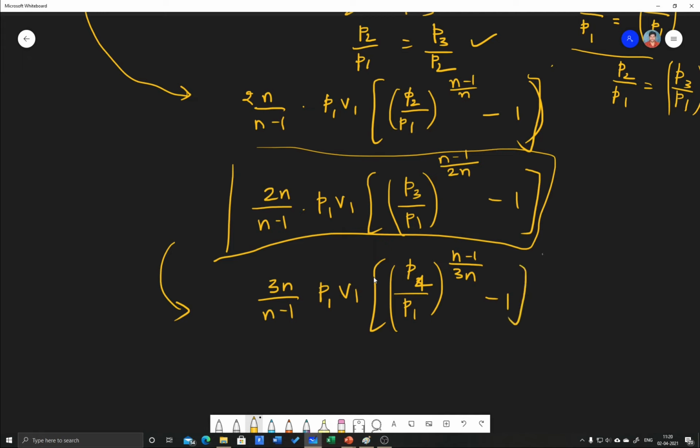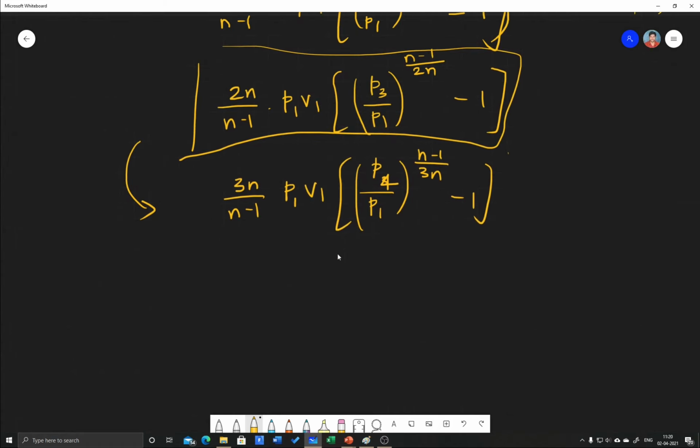If it is a multi-stage compression with x number of stages, it will become xn by n minus 1 into P1 V1 multiplied by (Px plus 1 by P1) whole power n minus 1 by xn.